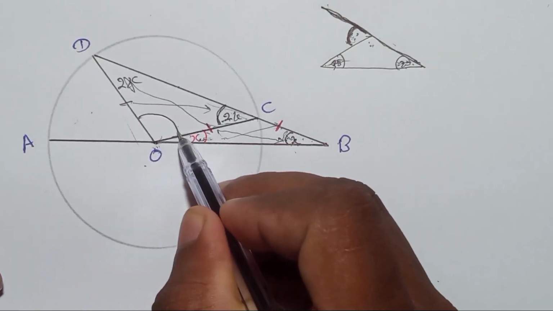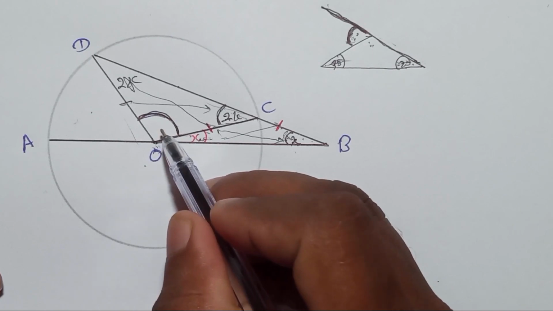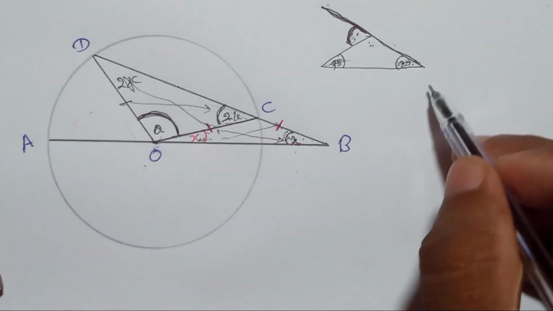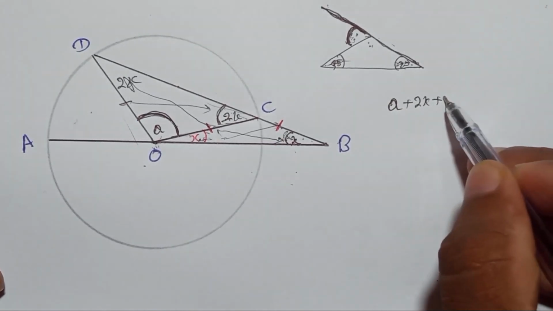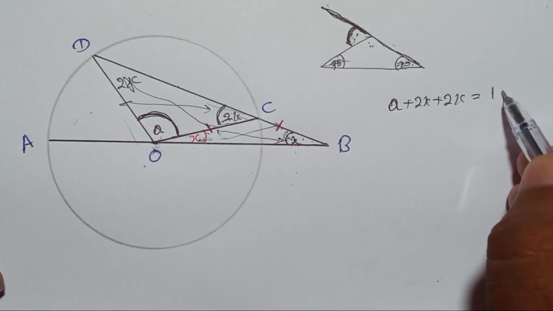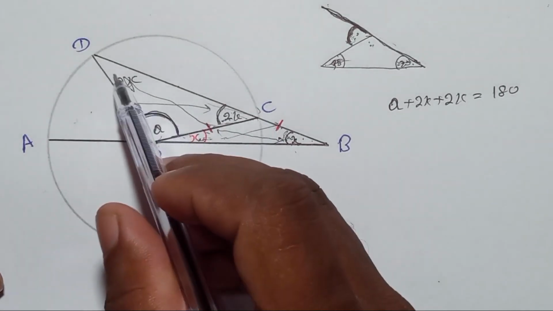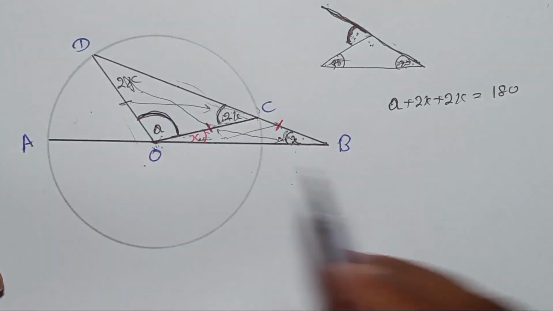Here I need to get this angle in terms of x. How can I tell this one? I can tell this way. If I put here a, I can write a plus 2x plus 2x equals 180, right? That means the interior angles of triangle ODC. This plus this should be 180.